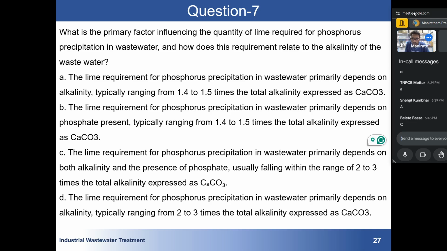Let's see. A. We got one different answer, that is A. Anyone with more answers, or supporting this answer, that is A and A or C, or any entirely different answer?